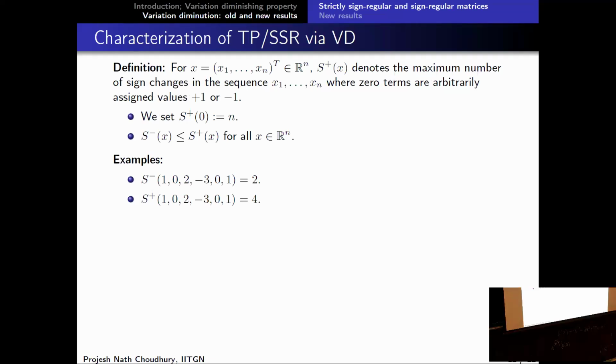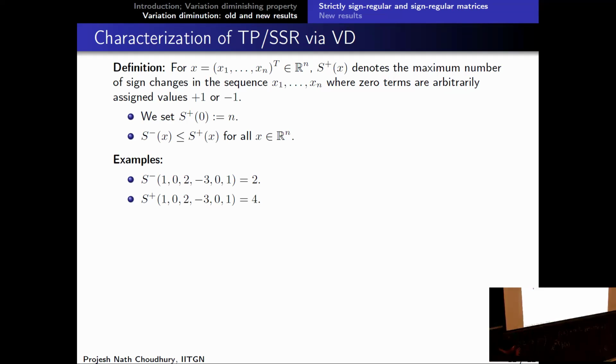So in this vector, according to our previous count, the number of sign changes is only 2.